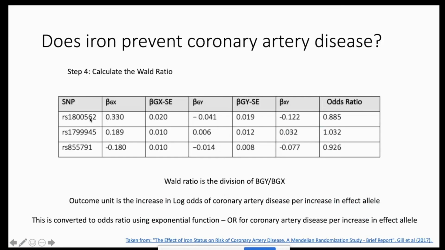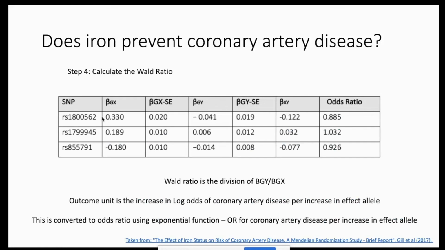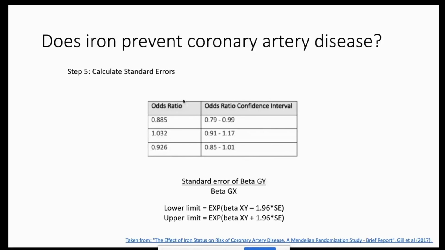So for this first SNP, we can say that if someone has that SNP, they are less likely to have coronary artery disease, and that would be mediated by the changes in systemic iron exposure.